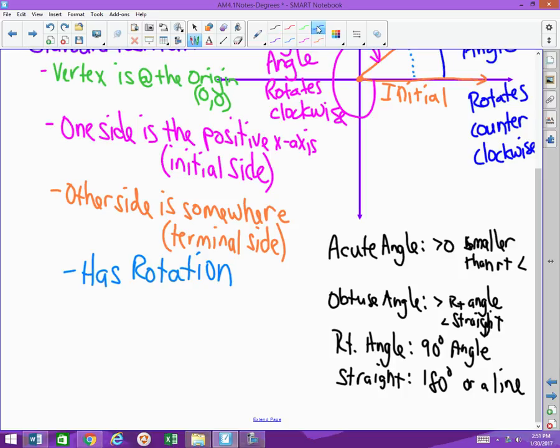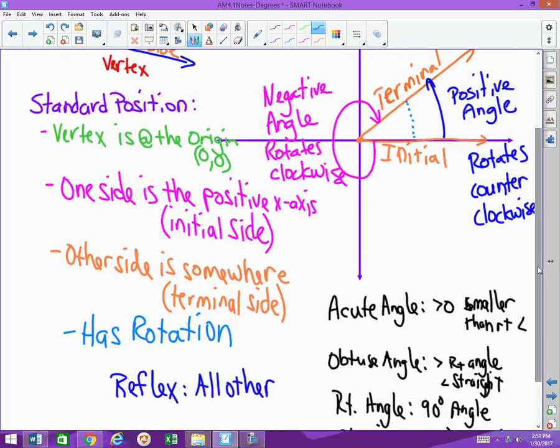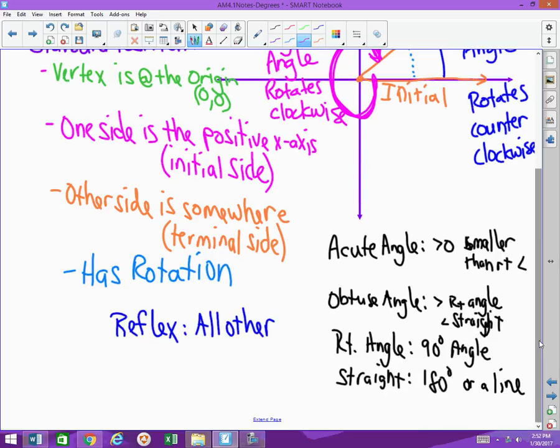Well, then there's a couple other special words that you need to know, and a reflex angle, which would be all others. So like this pink angle here, that is a reflex angle because it's not between 0 and 180 degrees.